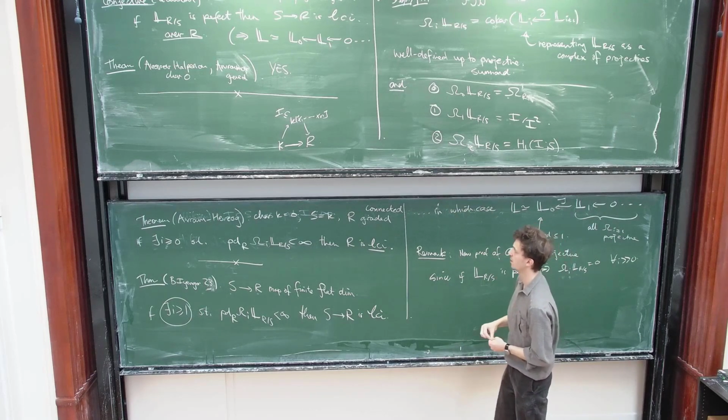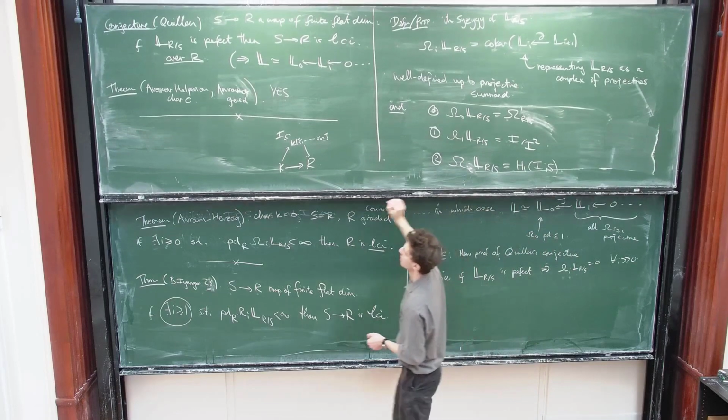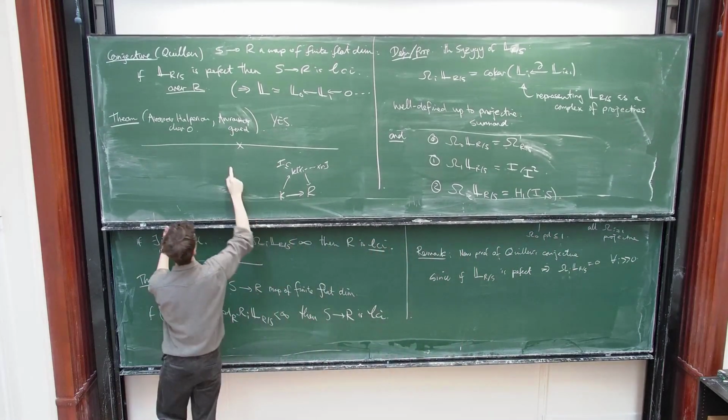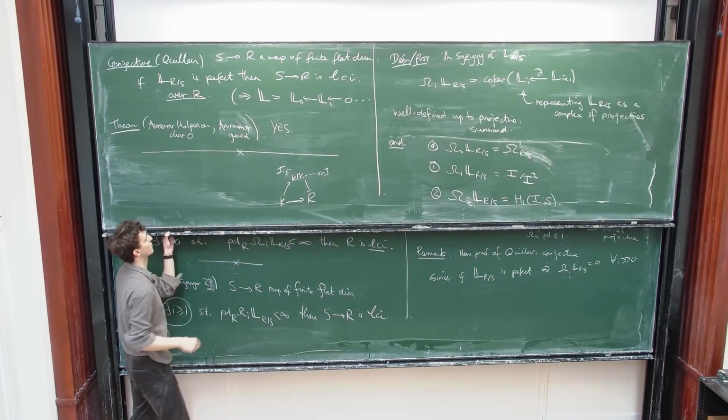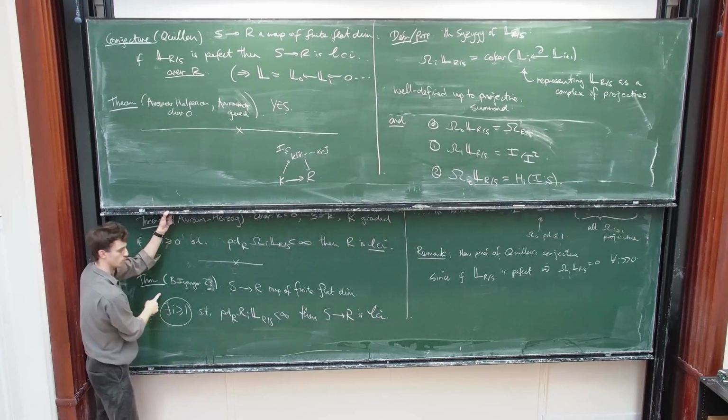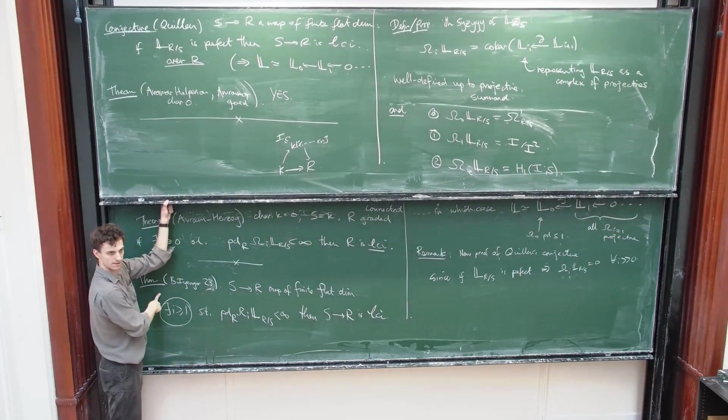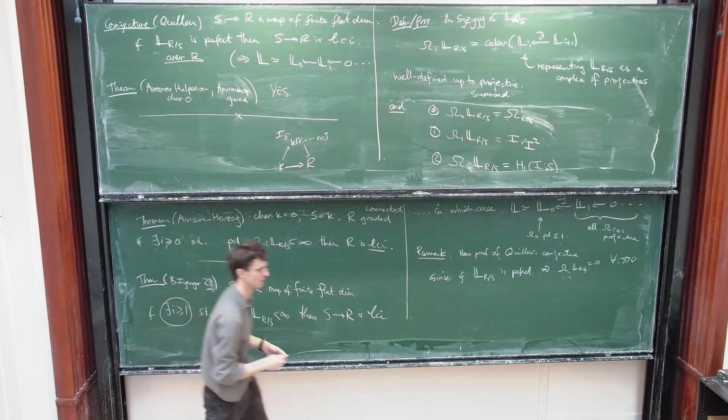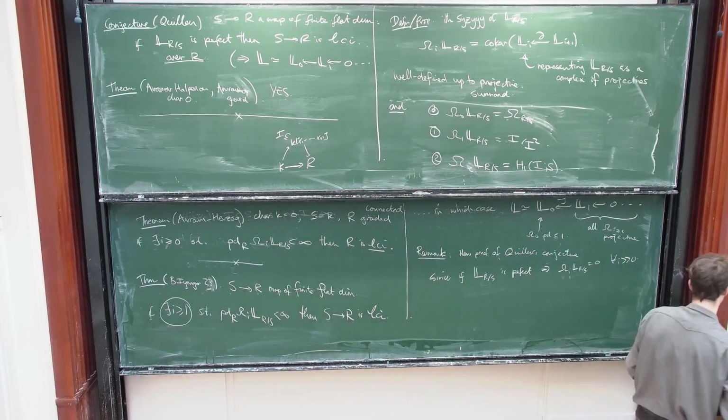And I think I mentioned here that the positive characteristic case is significantly harder than the characteristic 0 case, but somehow this proof here has nothing to do with the characteristic. It just works the same in all characteristics. It's nice. I'll just say a short thing about the proof.